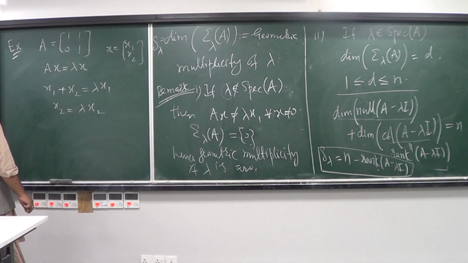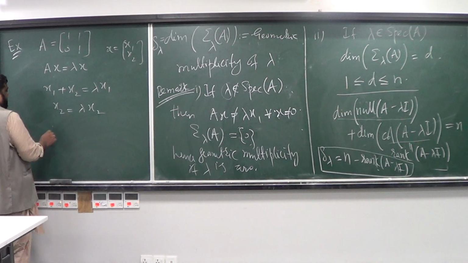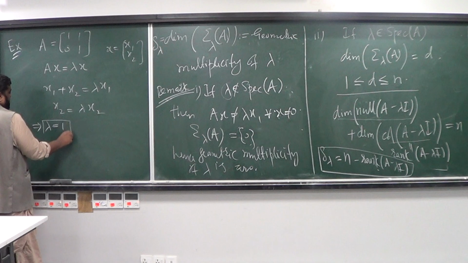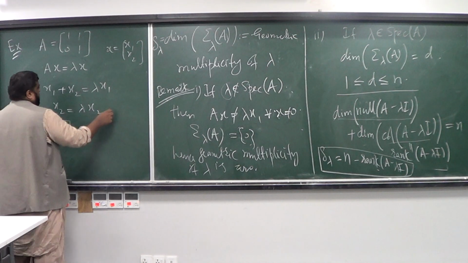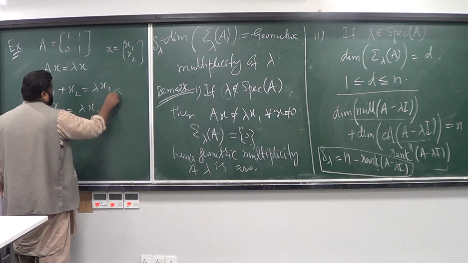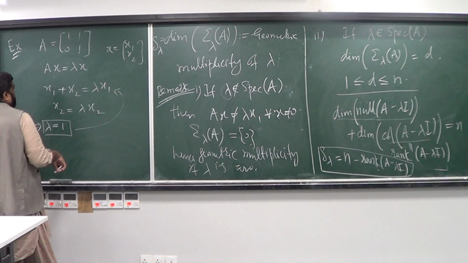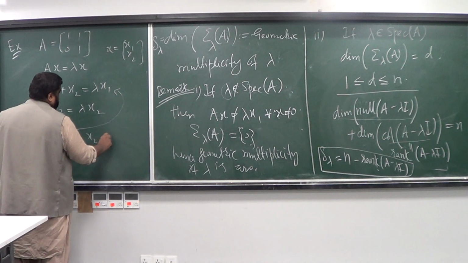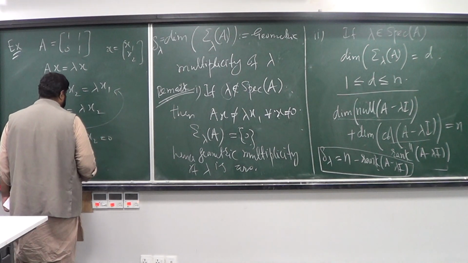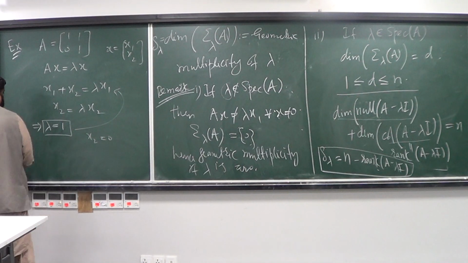From the second equation we can deduce that if x2 is arbitrary, then lambda must be equal to 1. If you substitute lambda equal to 1 in the first equation, this gives you that x2 is 0.